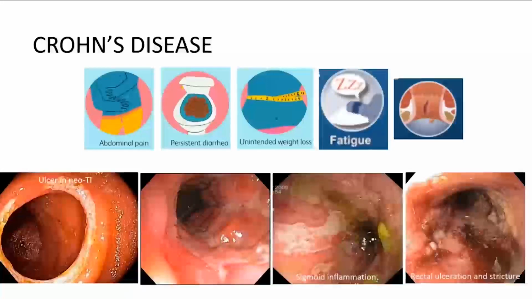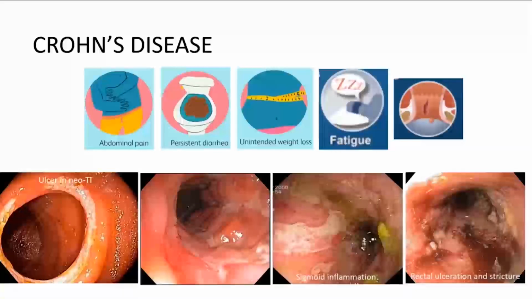Patients also have persistent diarrhea. It could be intermittent, and you may really not think of Crohn's because it can be on and off, and this patient may be having the symptoms for years and no one knows. It also has very non-specific symptoms such as weight loss and fatigue.